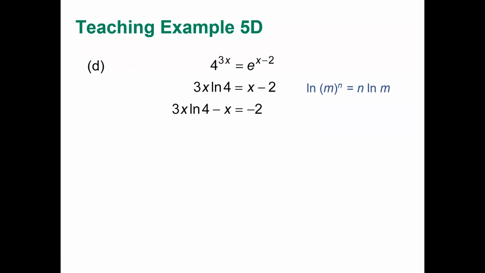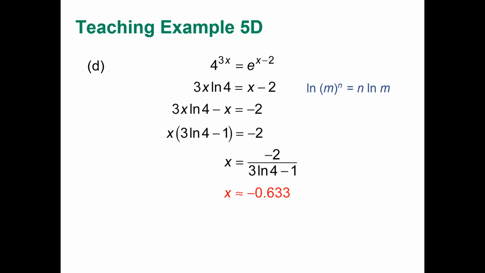So when I factor out x, I'm going to be left with x times 3 natural log 4 minus 1 equals negative 2. And now all I have to do to get x by itself is divide by 3 natural log of 4 minus 1. That is my exact answer. To get my approximate, I'm going to plug it into the calculator, and I get my approximate.